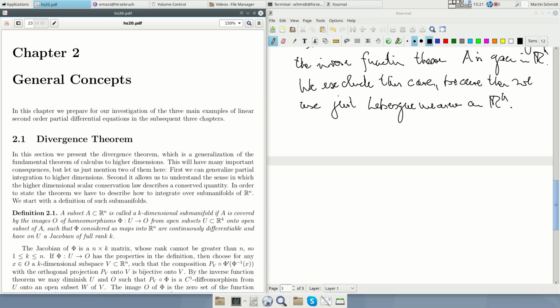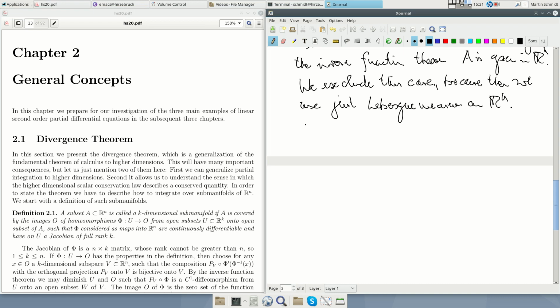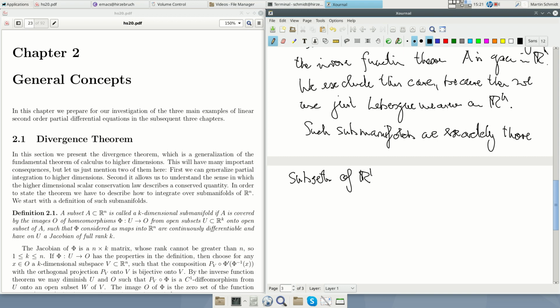And now we want to show, in the following paragraph, we explain that such submanifolds are exactly those subsets of Rn which are, by the implicit function theorem, level sets.